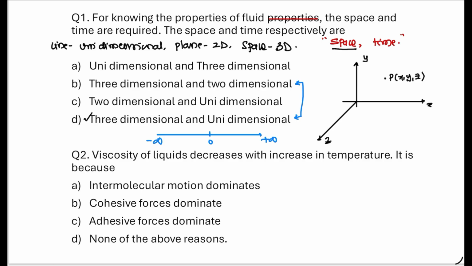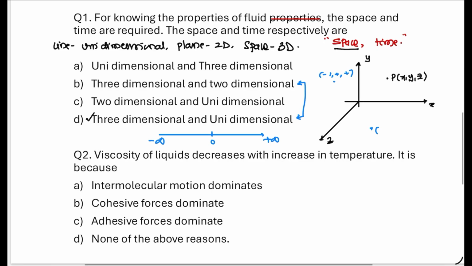A point can be here, a point can be here. Other than positive coordinates, it can have negative coordinates. Here, x will be minus, y positive, z positive. Here, x will be positive, y negative, z positive. That means for a space coordinate, both positive and negative values are accepted. That is three-dimensional.